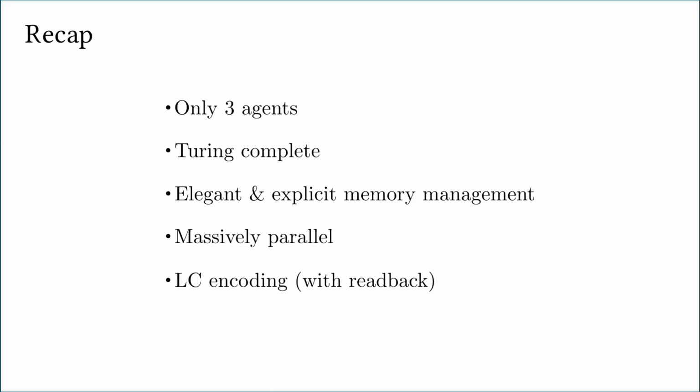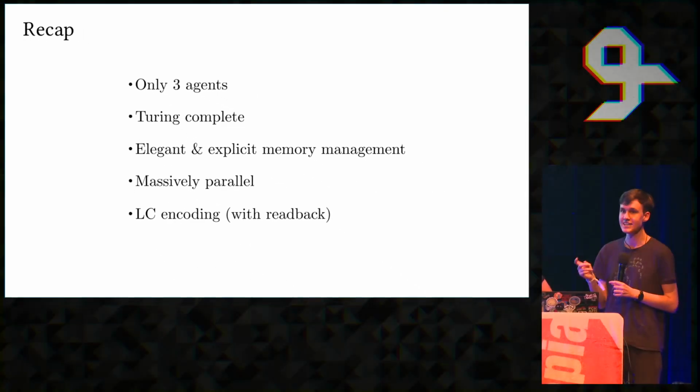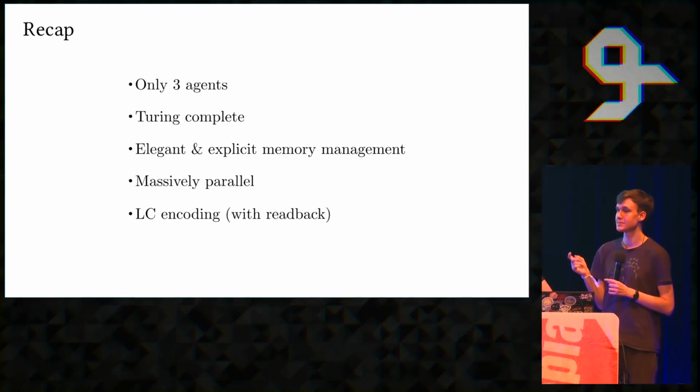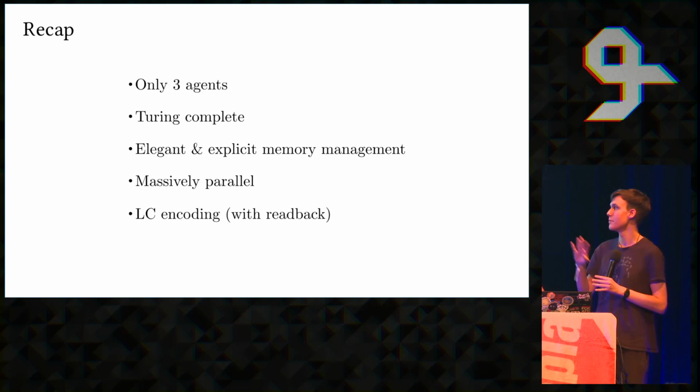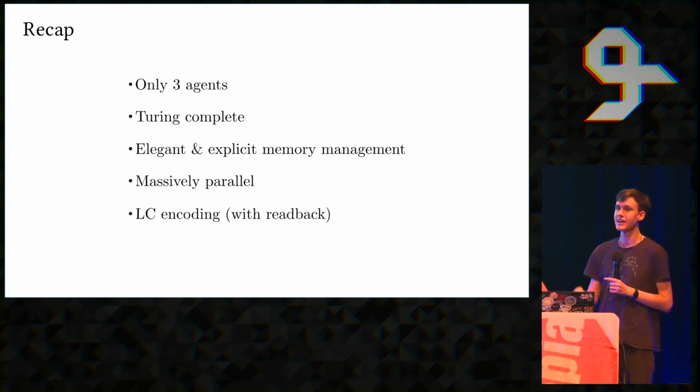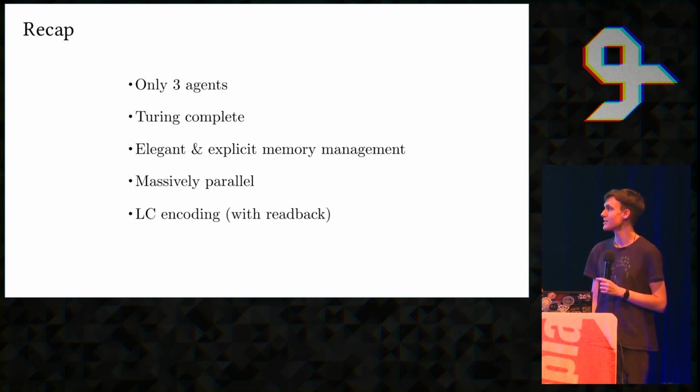And you also have a very elegant and explicit memory management, because duplication and erasing agents will always happen explicitly with the duplication or erasing agent. And we can actually reduce this in a massively parallel way, because we can just reduce them arbitrarily on as many CPUs as we want, because it does not matter in which order we reduce the interacting agents, because we will always get the same result.